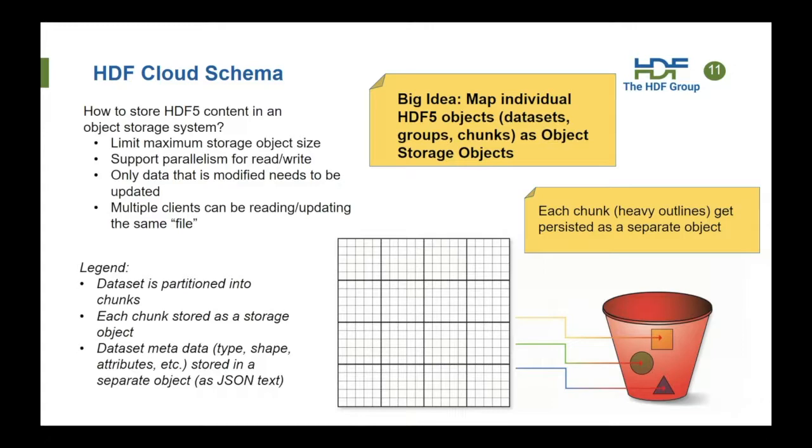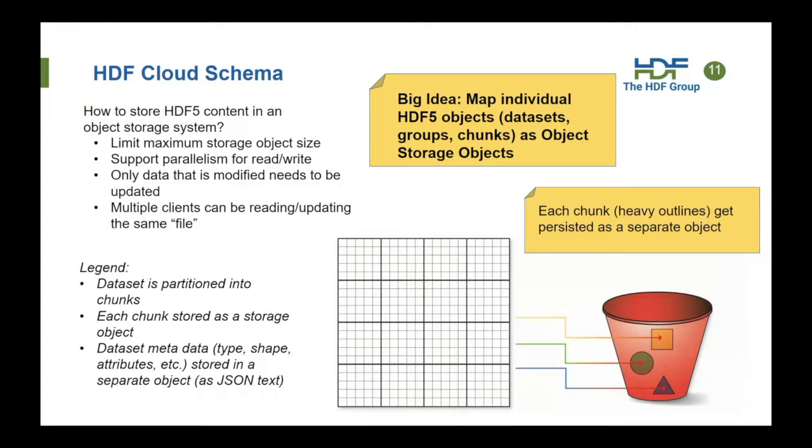Each chunk in each dataset becomes its own object. So this means we can cap the maximum size of any object. If you aim for your chunks between, say, 2 and 4 megabytes, then the largest object you'd have in the storage system would be 2 to 4 megabytes, even though the overall collection may be many terabytes.